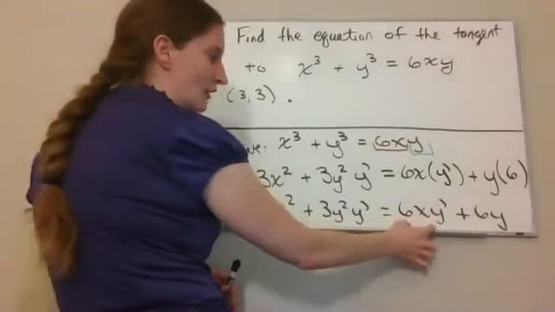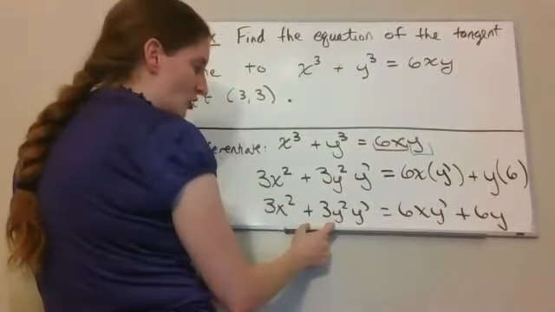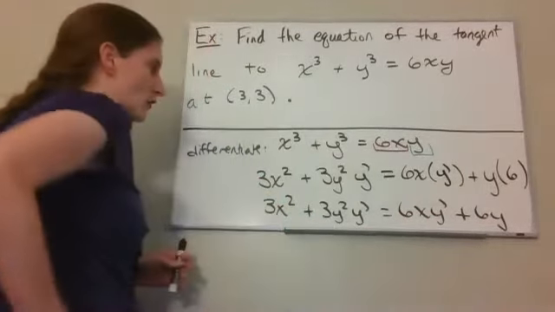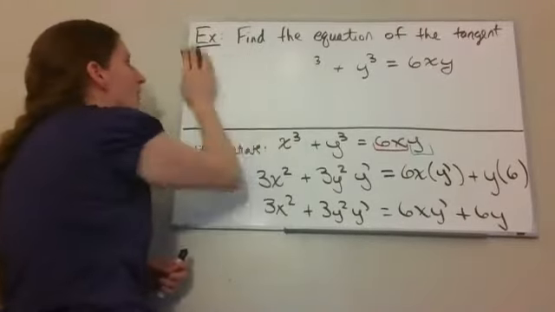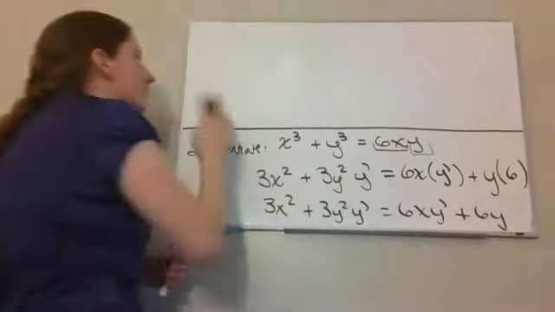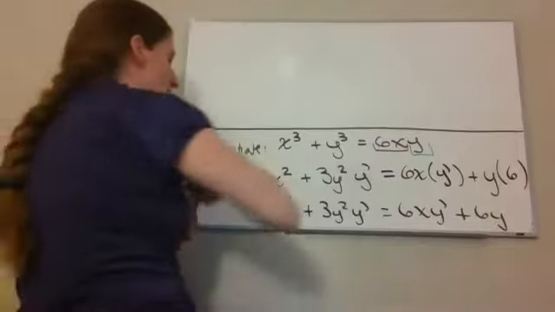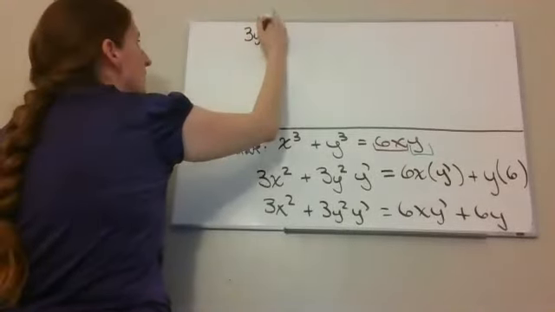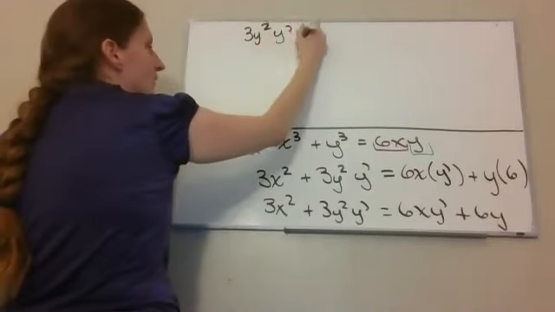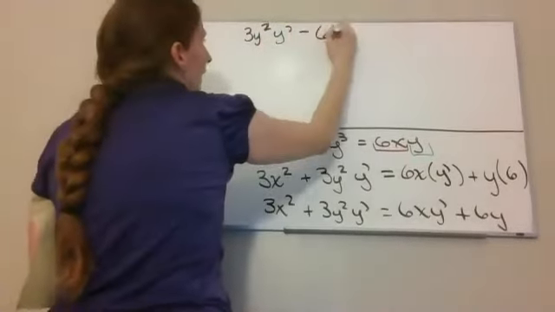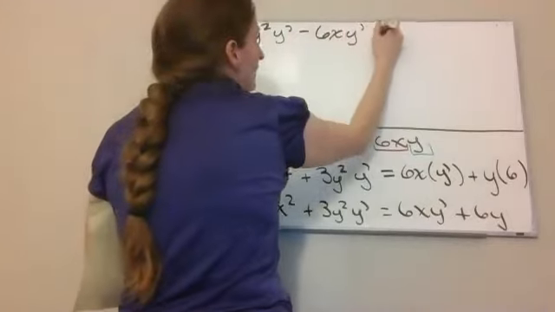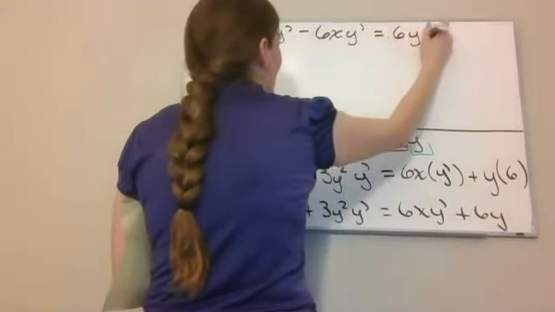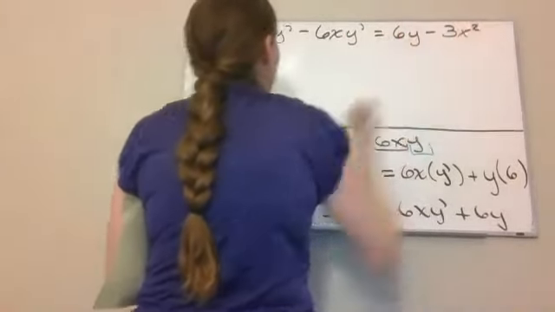I'm going to move this 6xy prime over to the left and move this 3x squared over to the right. So when I do that, I get 3y squared y prime minus 6x y prime equals 6y minus 3x squared.